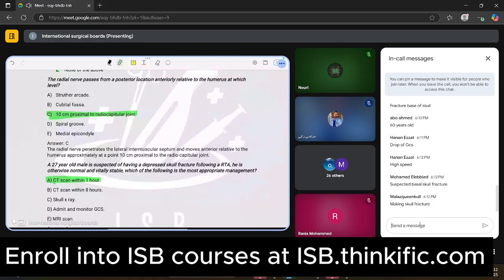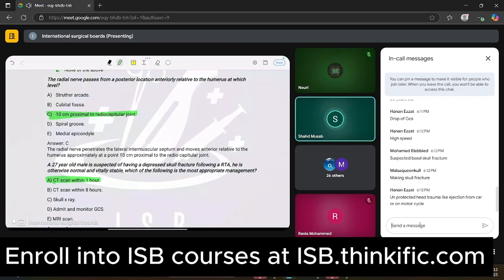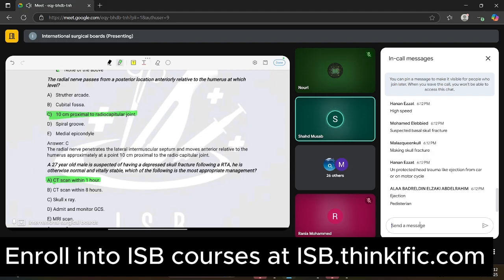So what kinds of RTA would qualify as a dangerous mechanism? Like a cyclist hit by a motor vehicle or something like this. Yeah, a pedestrian accident. Or a fall from more than 5 stairs.